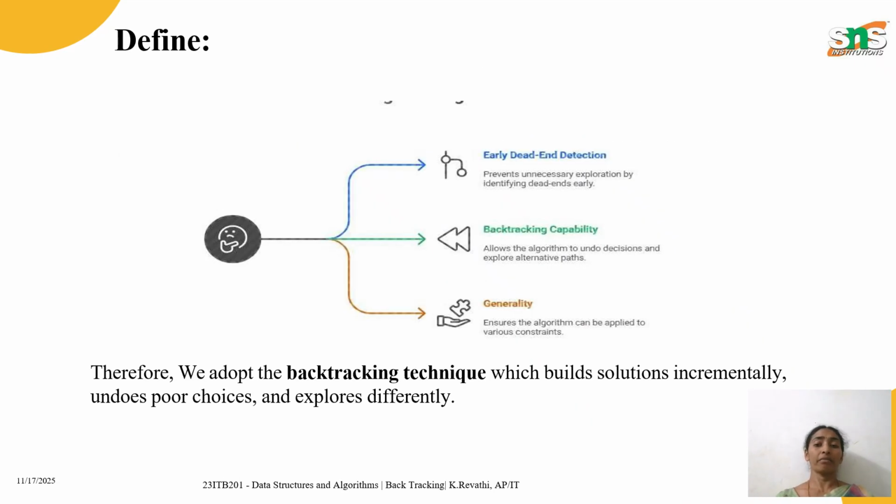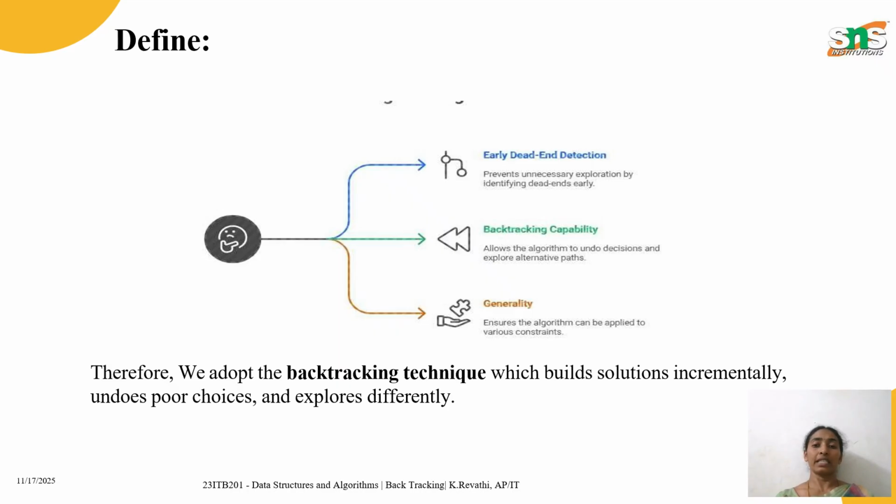Then we will explore today's concept. What is backtracking? Backtracking is a technique where we build a solution step by step. At each step, we have to check whether the output is valid or invalid. If it is valid, we can continue with the solution.